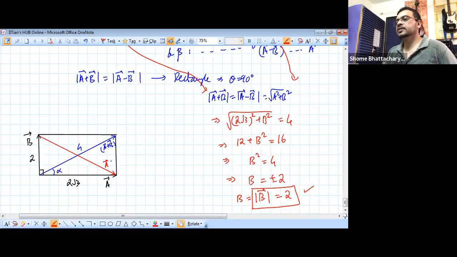And this is A minus B, also magnitude 4, and this angle beta is equal to alpha.